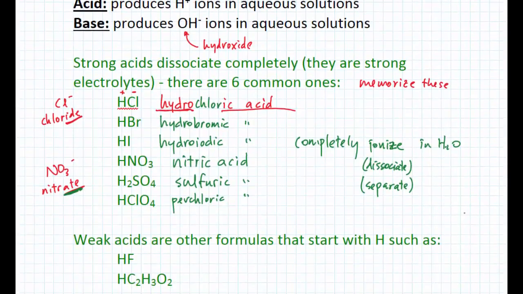Other acids. All other acids will be considered weak acids. So notice we had chlorine, bromine, and iodine that made strong acids, but F, which is above those three on the periodic table, HF, even when it's AQ, is a weak acid.